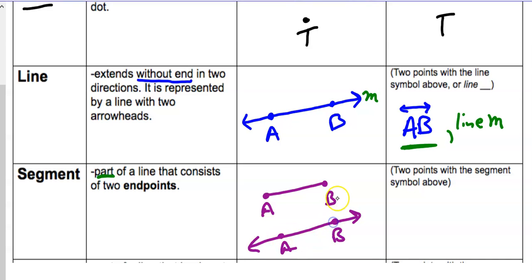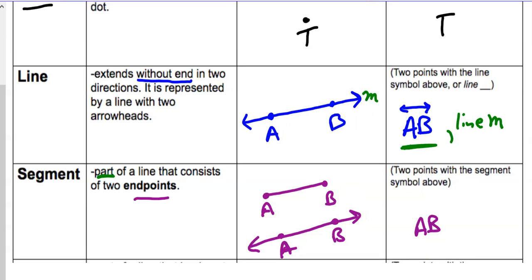But if I write, it's very similar to how you identify a line. You're going to use your 2 points, but again, it's the symbolic notation you put above those. So if I did a line that extends with the arrows, I'm talking about a line. If I'm talking about a segment, I have endpoints. It does not go on forever. So I would not actually include this here.